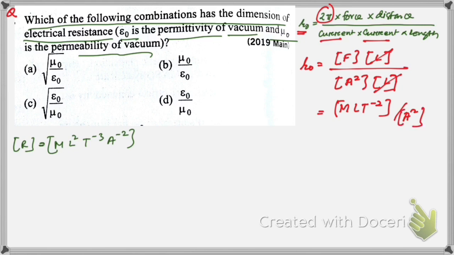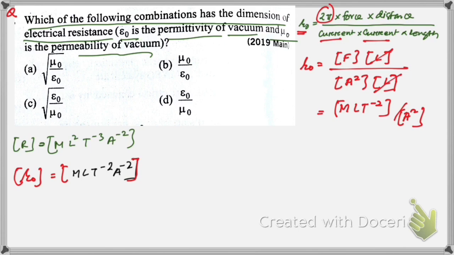So we can write that the dimensional formula of mu naught, the permeability of free space, is going to be equal to M L T to the power minus 2 A to the power minus 2. This is the dimensional formula of permeability of free space, right? Okay, so hope you have understood this.